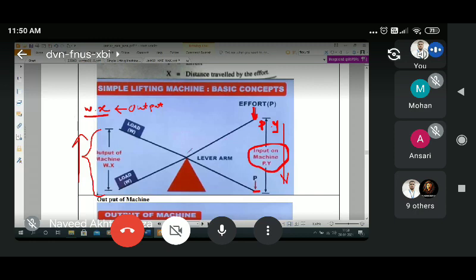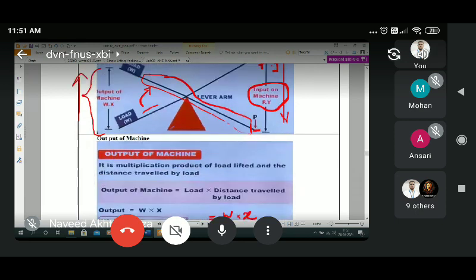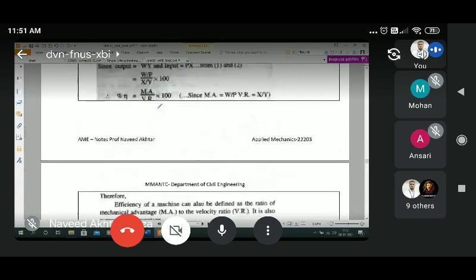This bar is nothing but the lever arm. The initial position is in this direction, and when we lift forward, the position changes. That is called the lever arm.